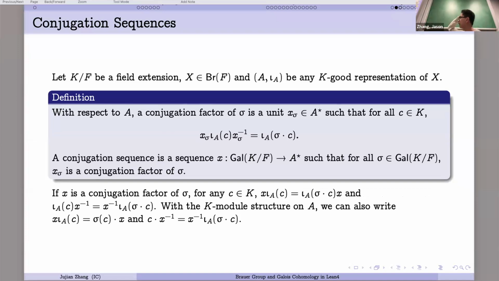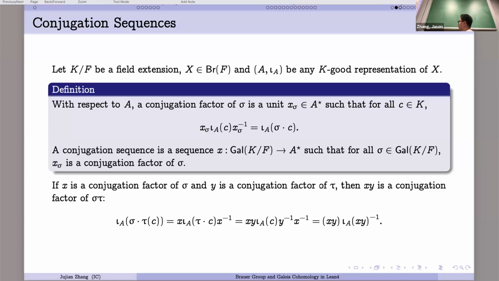And because we have defined a K-module structure on the good representation, the equation here can also be written as these two variants, and this is true because again, the definition of C acting on some point is to send C to A first and then do left multiplication.